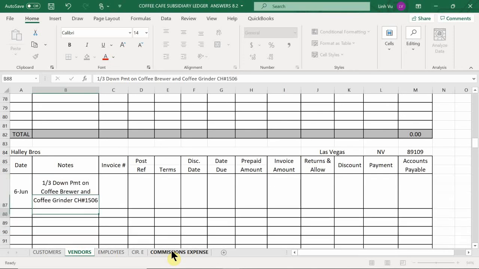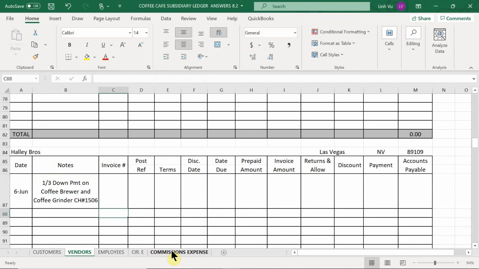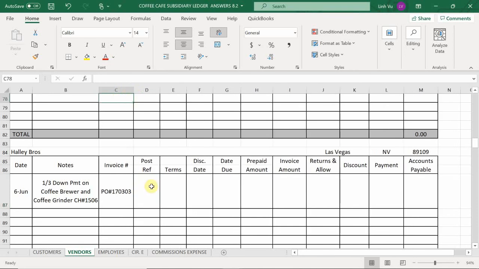I wrote a check, number 1506. Now the invoice here, we don't have proof of the transaction, right? We didn't receive a bill, but at least we have one thing: the purchase order, number 170303. Again, post reference is general journal number 2.